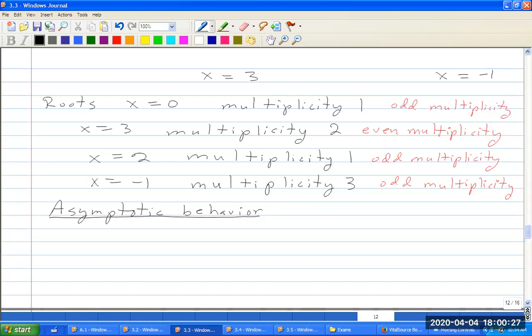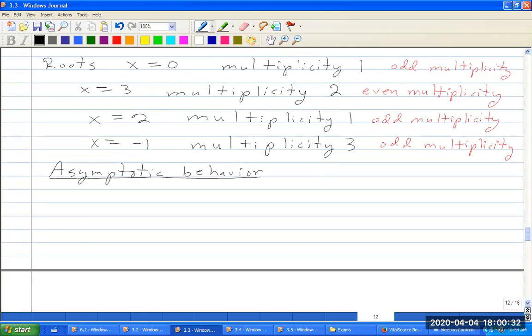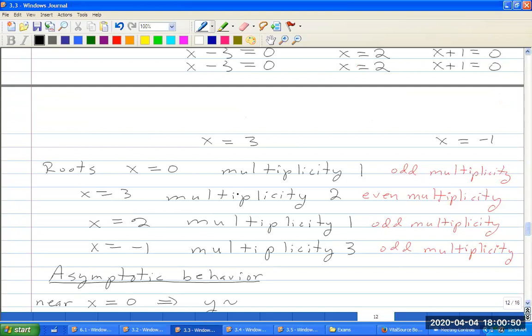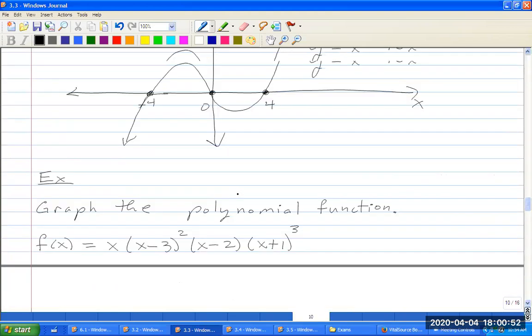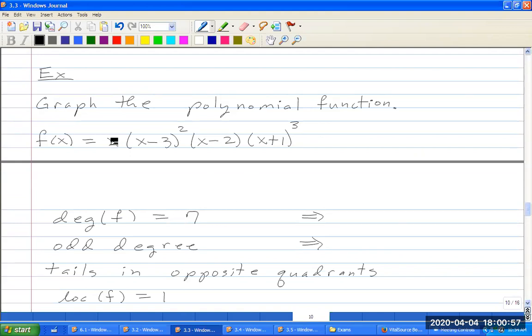Okay, so let's look what happens at 0. So near x equals 0. Well, what I'll do here is in this polynomial, if a term is 0, just leave it. So I'll leave this as x.